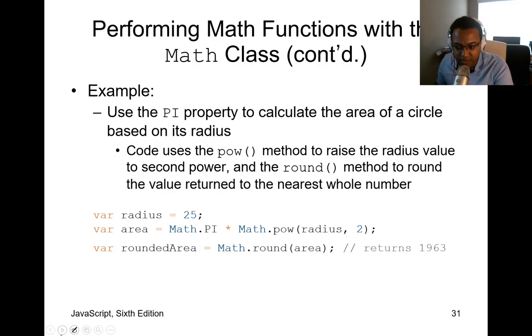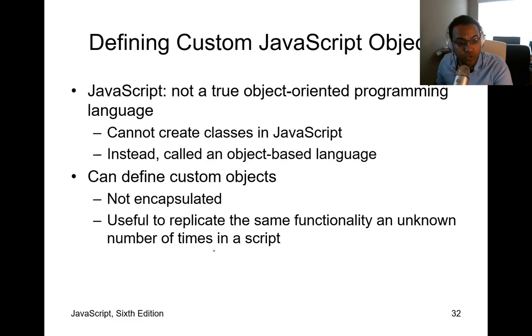We've already done some math functions, so I'm not going to write this out, but this is basically how it works. You have the radius, which is 25, math.pi times the radius to the power of 2. And then I want to round the area to the nearest ones place.